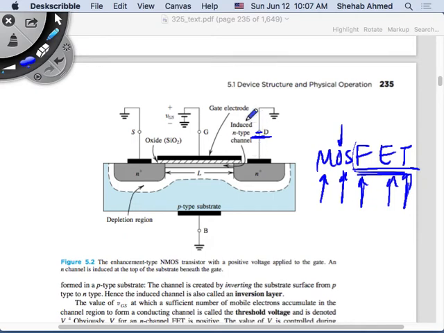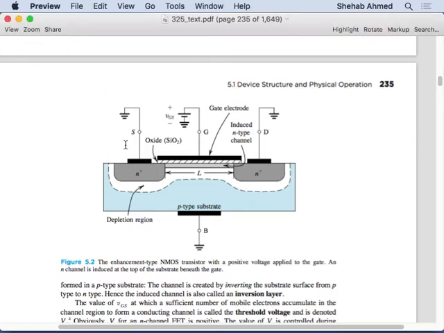In general, it does not have to be at ground potential. But it's the VDS voltage that I'm applying, the voltage between drain and source, that is going to cause this field effect to cause the current to flow. Okay, so that's where this FET word comes from. Now we explained all the acronym.